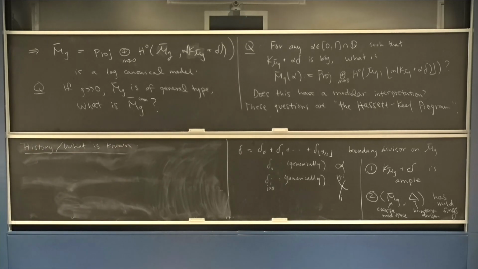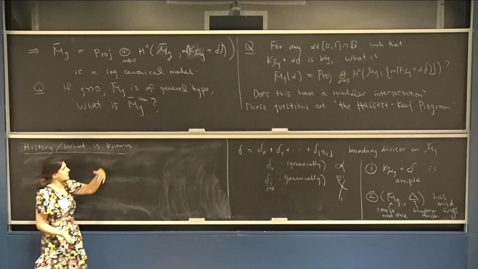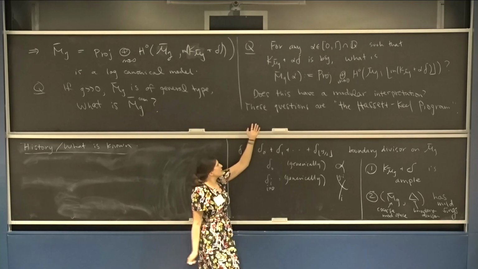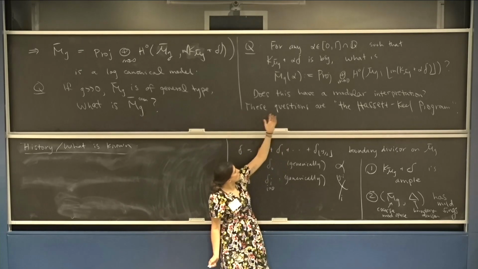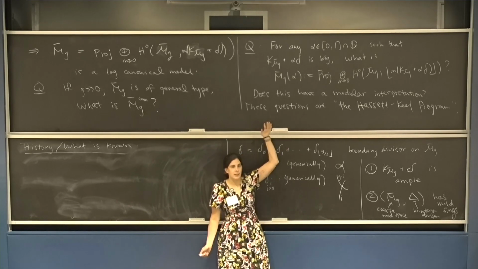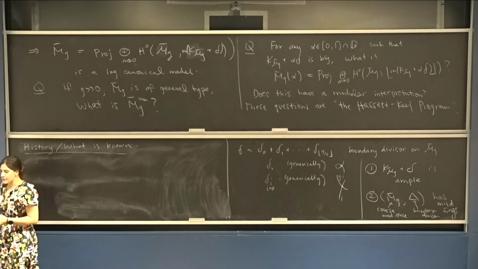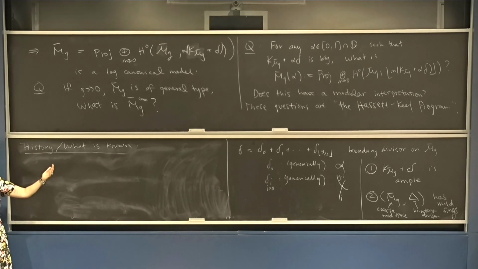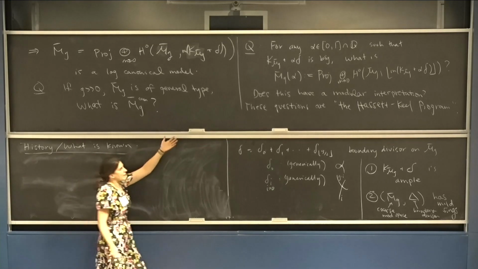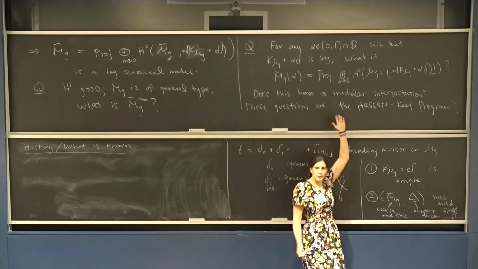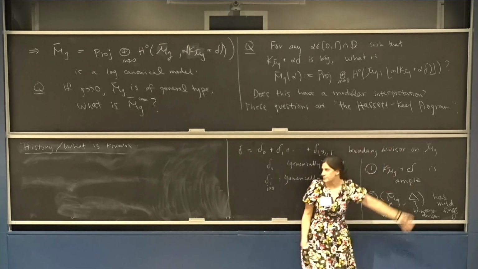Most of this started with a paper of Brendan Hassett in genus 2, but one can maybe take a step back. We know starting off that K_X plus delta is ample for any g. And you could just ask, as you start decreasing alpha, when do you hit the boundary of the ample cone? When is this no longer an ample divisor? And that, by definition of this canonical ring, will be the first place that something changes.